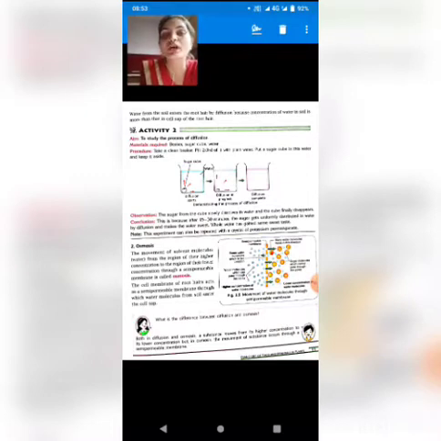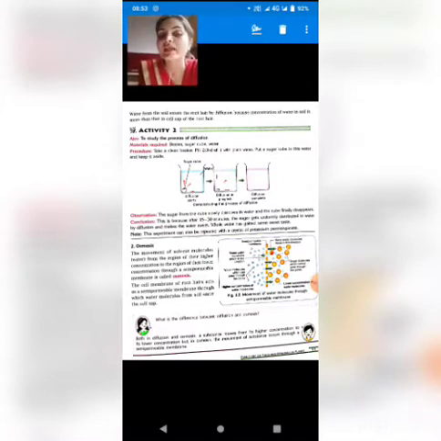So the sugar molecules move from the region of higher concentration to the region of lower concentration. After some time, we will be able to see that the sugar cube is diffused completely. So in the last picture you can see, students, that diffusion is complete, which means the sugar molecules are now dissolved in the whole water.